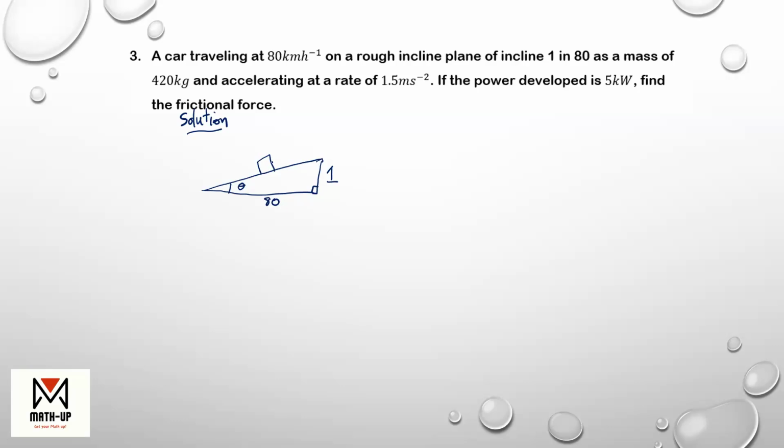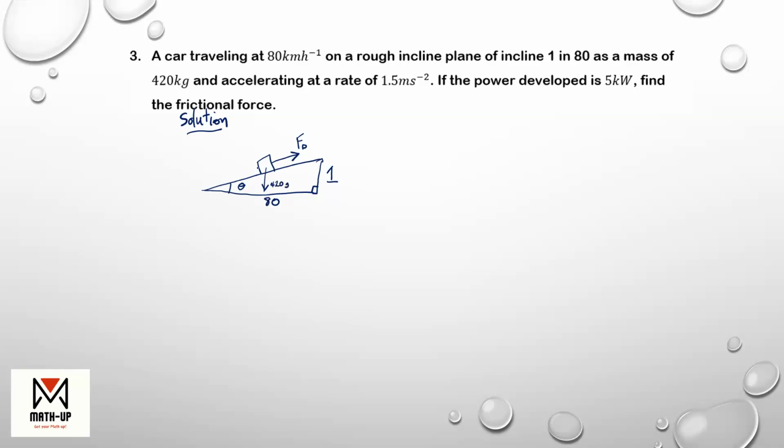Let me assume upward motion. So there is a certain driving force, let me call it FD. And of course, since it's going up, the weight acts downward, and this is 420 g.